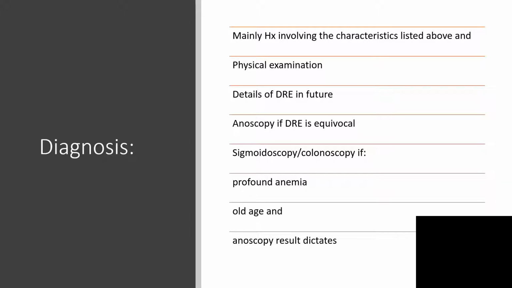Anoscopy, if after digital rectal examination the result is equivocal, which means it is not specific, you can have flexible sigmoidoscopy or colonoscopy done depending on your findings. You are going to likely make that referral if there is profound anemia, or this is an elderly person, or the anoscopy result dictates that you need further investigation.